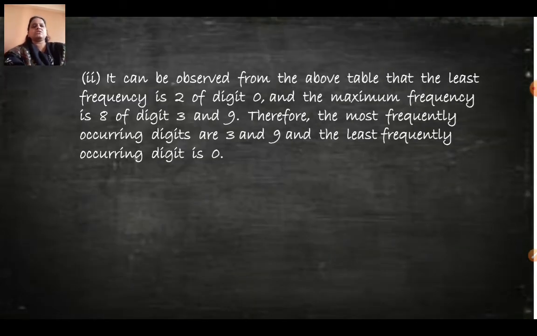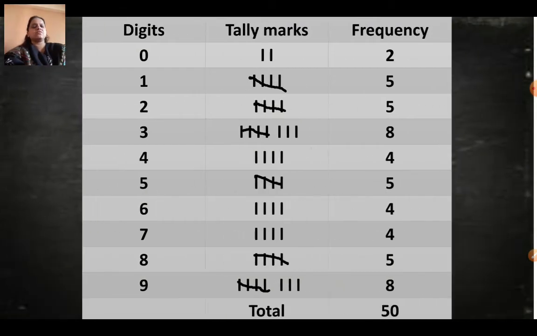Now the first part of the question is done. What is the second part of that question? Which digit occurs the maximum times? Can you see in the data? The number 9 is occurring 8 times, and number 3 is occurring 8 times. So which digit occurs the maximum times?